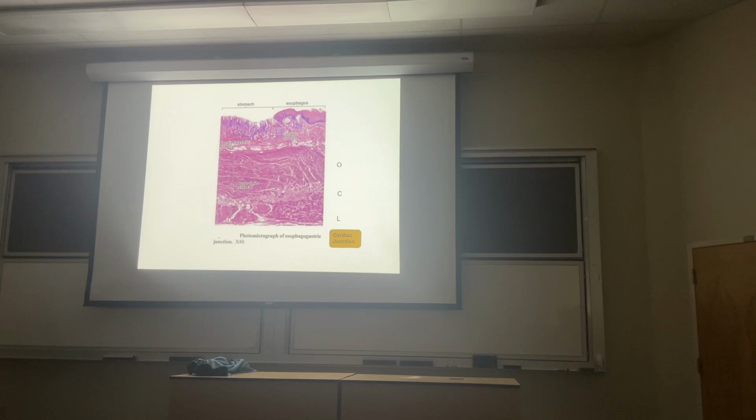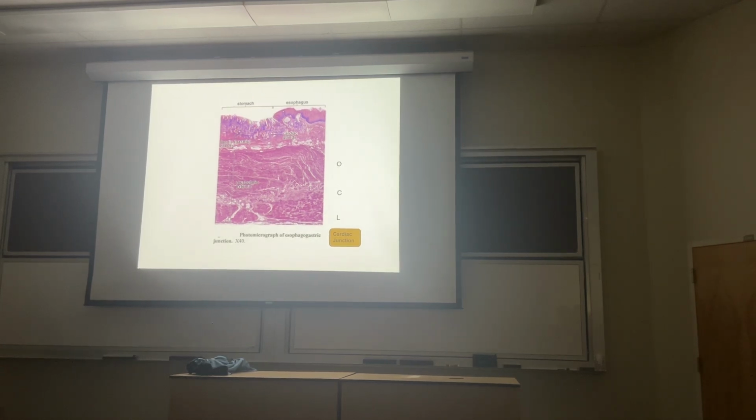So this helps us see that we're at the junction. We generally have a thicker layer of muscle here, and that helps make up the sphincter. These are the gastric pits and the gastric glands here.